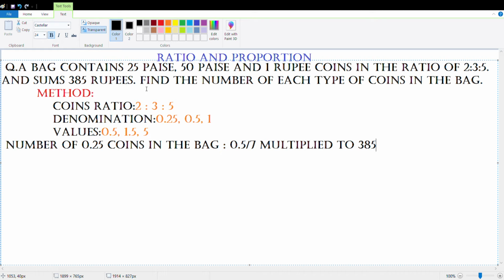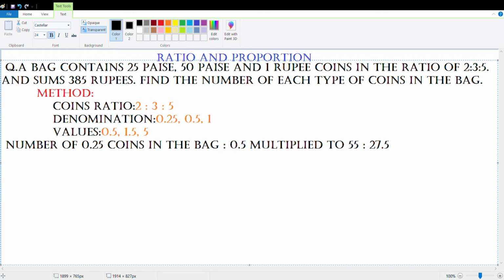In multiplication, the denominator divides itself into the value that you're doing of. So 7 goes into 385 55 times. So we cancel that out and we write 55. And as we calculated that, we take out the 7 too. Now we do 0.5 multiplied to 55, which gives us a numerator of 27.5.